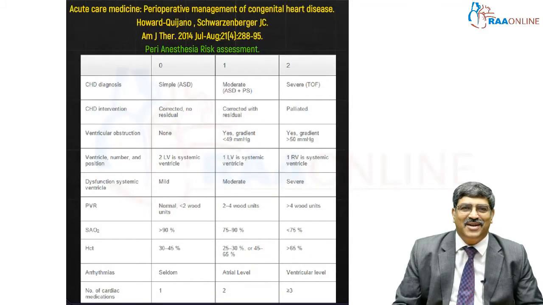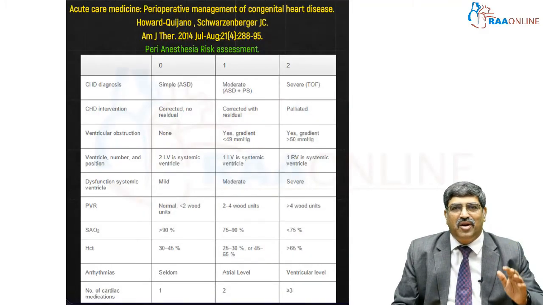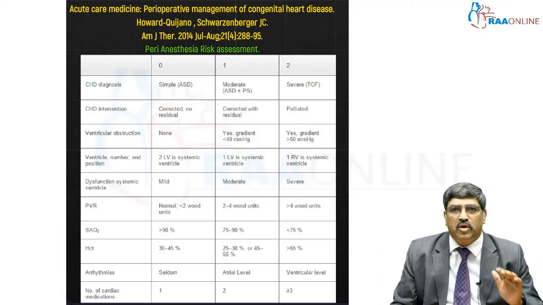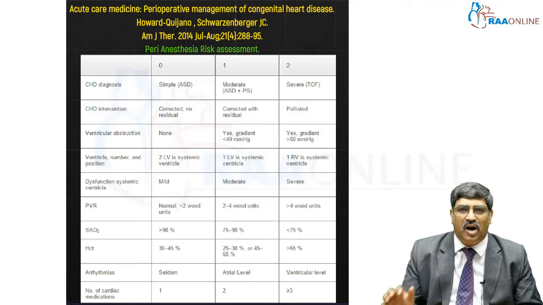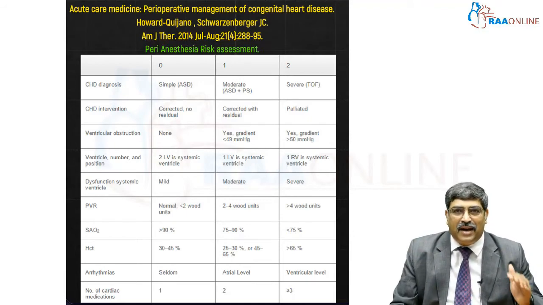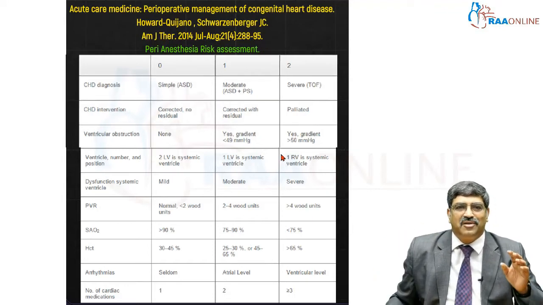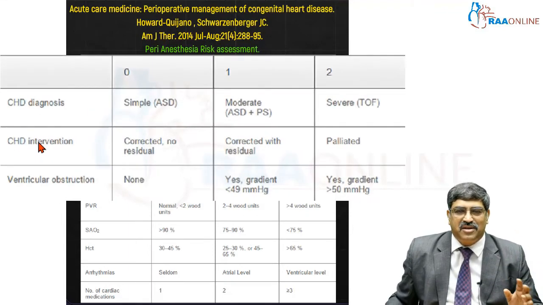How are you going to assess the perioperative risk in a patient with congenital heart disease coming for non-cardiac surgery? This was a risk scoring system developed at Harvard, which has 9 variables with each variable having 0, 1 and 2 points. The first variable is the complexity of the diagnosis.